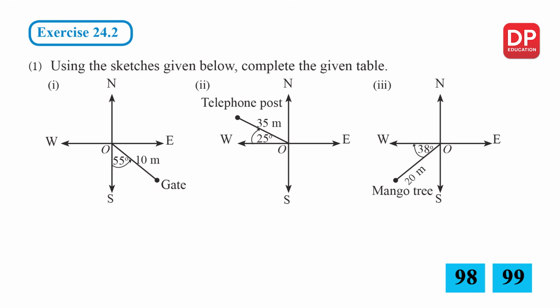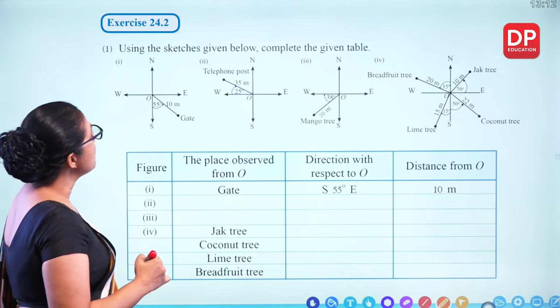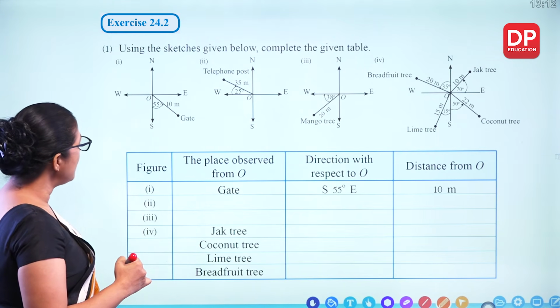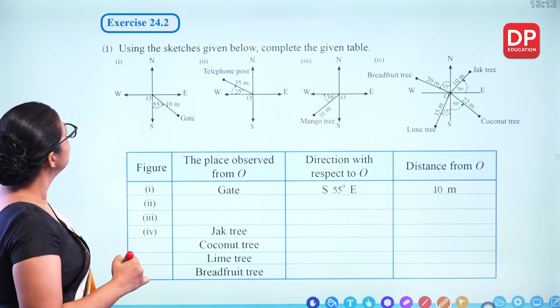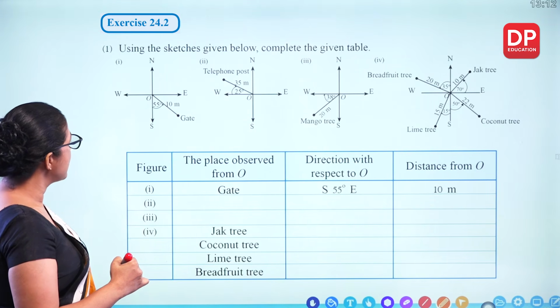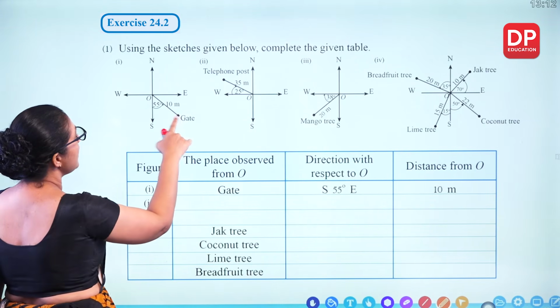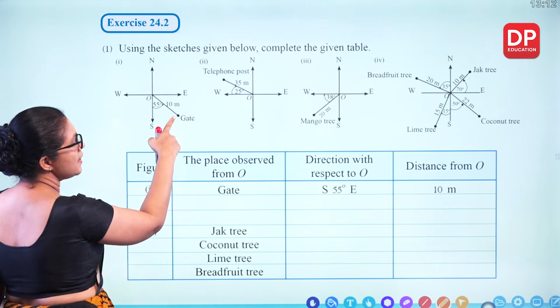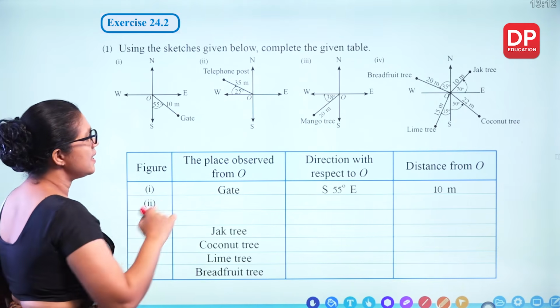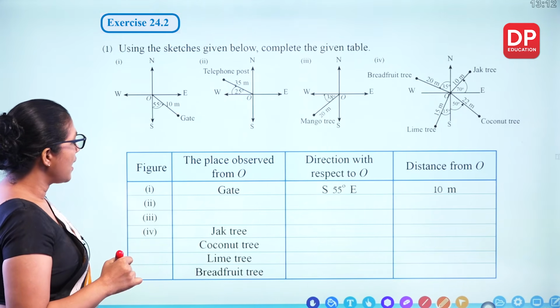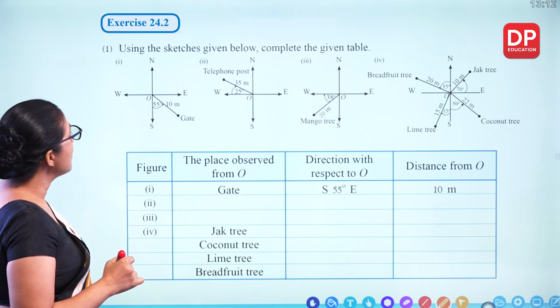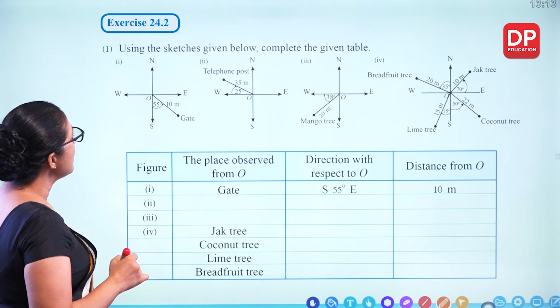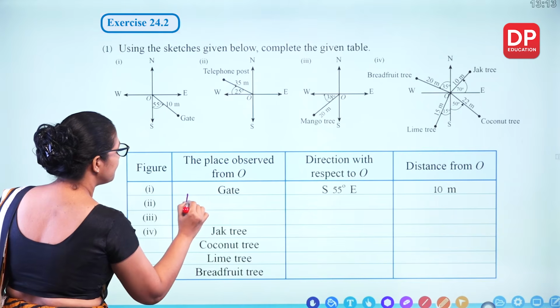Exercise 24.2. Using the sketches given below, complete the given table. So gate. Gate is S 55 east and 10 meter distance. Now you can fill the second one. The second one is the telephone post.